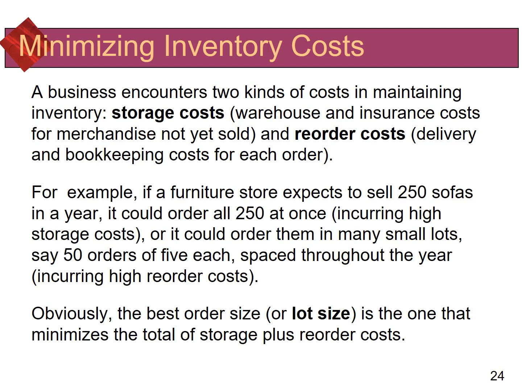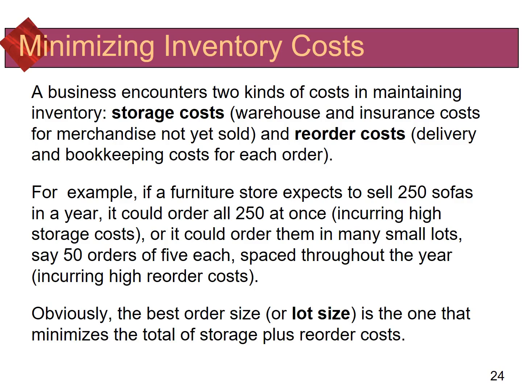If you order many small lots, say 50 orders throughout the year, you're going to have high reorder costs. Or if you're producing these and do like 50 runs of 5 sofas each, usually the setup and making of them has some specific costs along with how many you order.